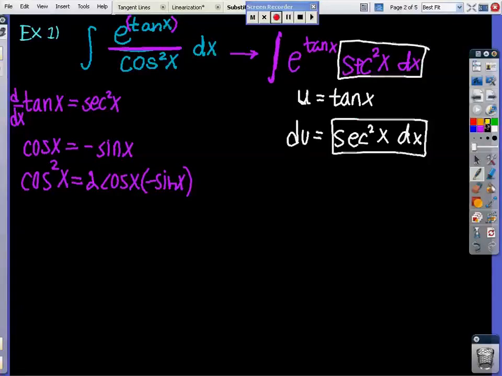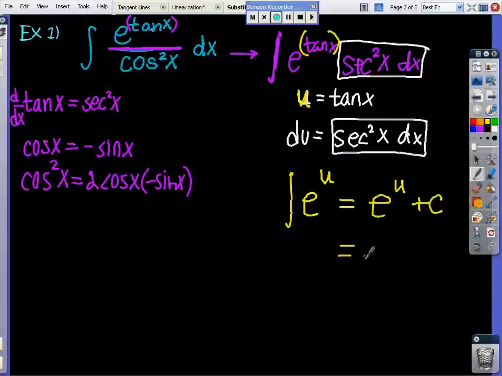The fact that u is tangent of x takes the place of my chain rule. So we got rid of the product rule and we got rid of the chain rule by turning this into the integral of e to the tangent of x, which is u. Its integral would be e to the u plus c. And so the answer to the problem would be e to the tangent of x plus c.